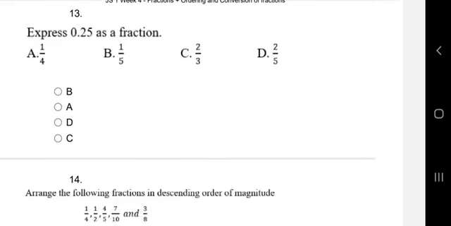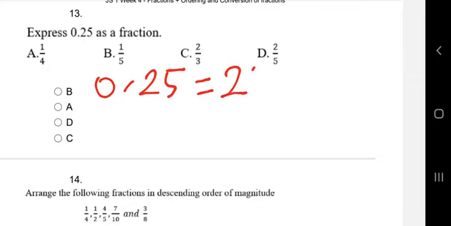Question number 13. Express 0.25 as a fraction. So we are writing a decimal as a fraction. What we're expected to do here is very simple. We are going to write 0.25. So we pick the whole number that we have here, we ignore the 0 and the point.